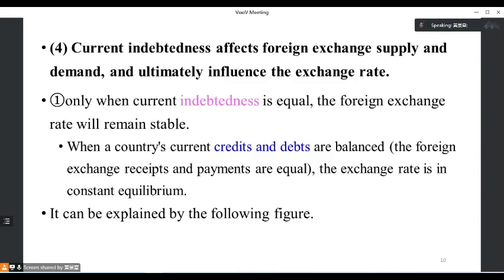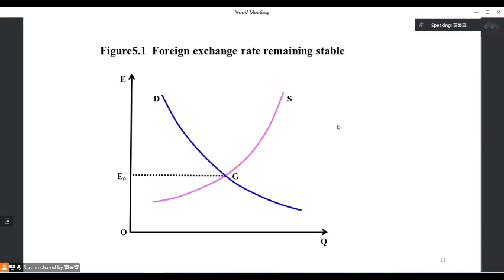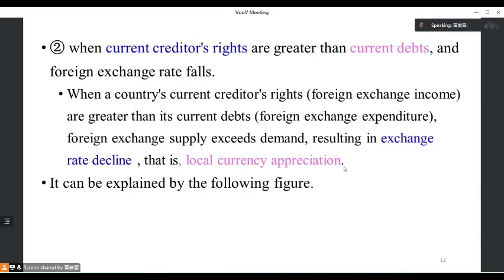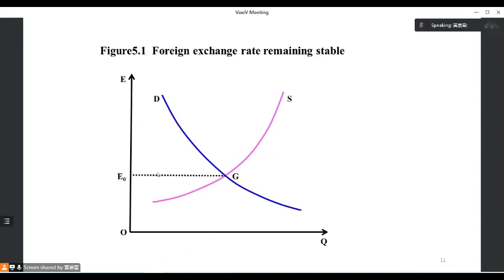The contents of this page of PPT can be explained by the following figure. Let's see Figure 5.1. Foreign exchange rate remaining stable. In this figure, we can find there are two lines in Figure 5.1.